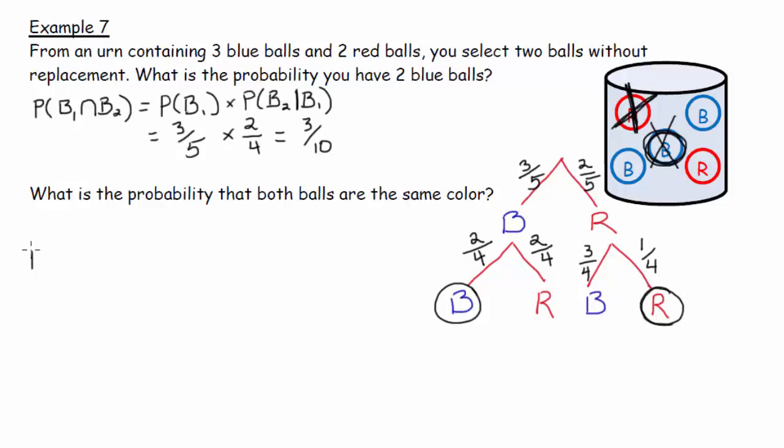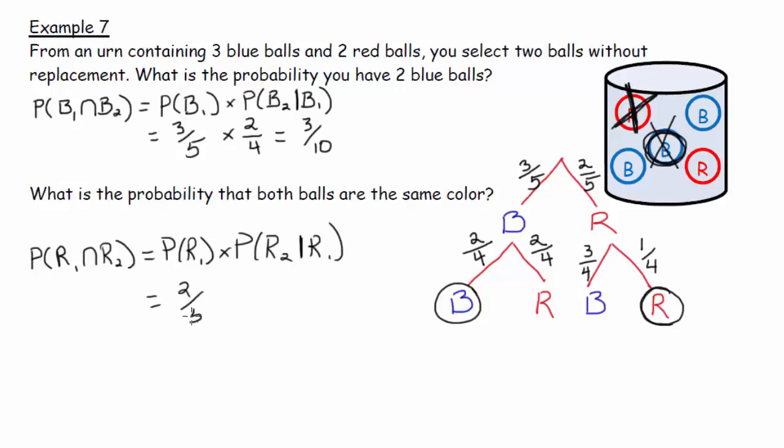So let's see if we can find the probability of a red and a red. That's going to be the probability that I get a red on my first times the probability that I get a red on my second, assuming that I got a red on my first. So this is going to be 2/5 times 1/4, which is going to be 1/10.